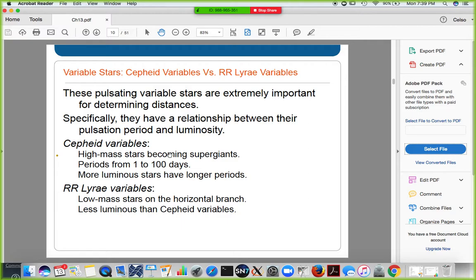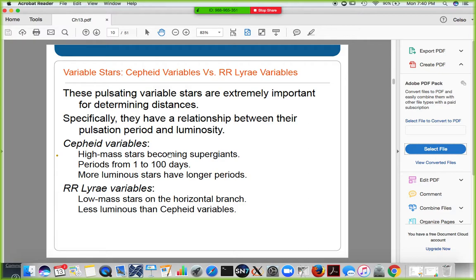This means astronomers can just point the telescope to the stars and measure the time it takes them to pulsate. And then you have a tight estimate of the energy that comes out of them. By doing so, and using the inverse square law that we discussed previously, you can then determine how far the stars are from us.